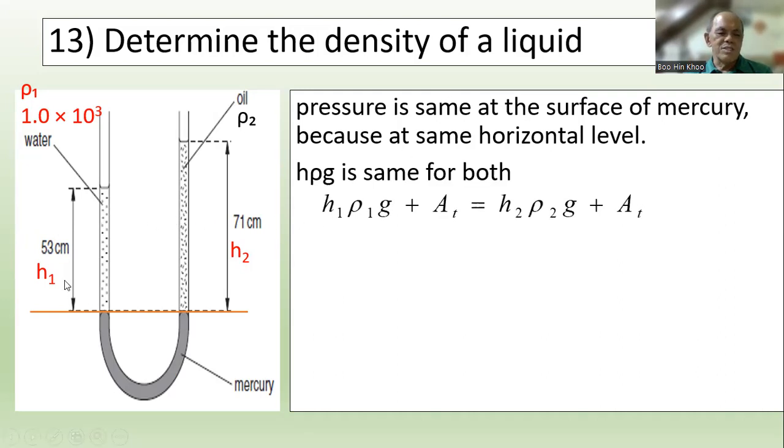So for this side it is H1 rho 1 G plus atmospheric pressure. At this point there is H2 rho 2 G plus atmospheric pressure. So atmospheric pressure can cancel off and put in your value. H1 is 53 cm. Change it to meter.